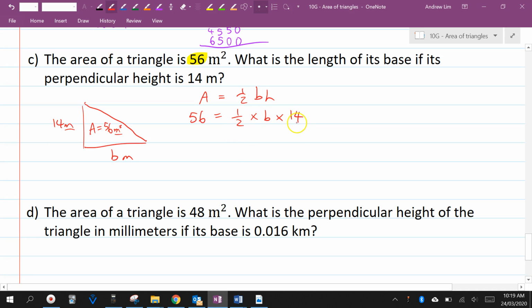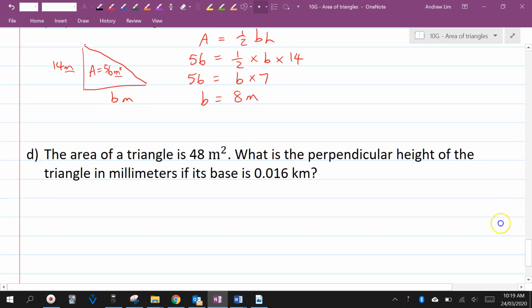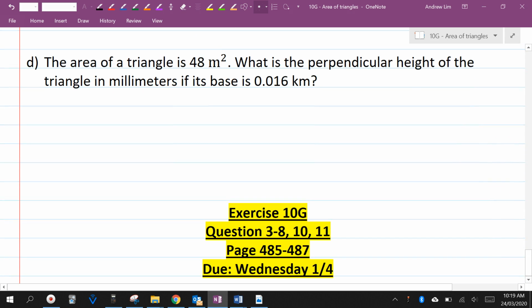Now half of 14 is 7. So technically we've got some number times 7 is equal to 56. That number has to be 8 because 8 times 7 is 56. Therefore the base is 8 meters. Alright, I want you to pause the video, have a go at question D yourselves, and when you're ready to continue checking answers, please do.